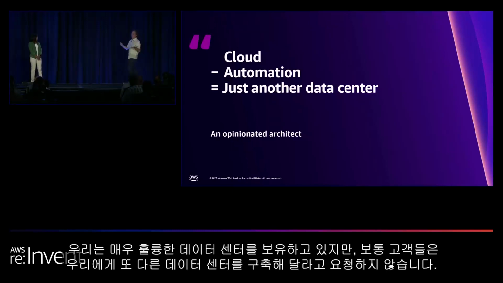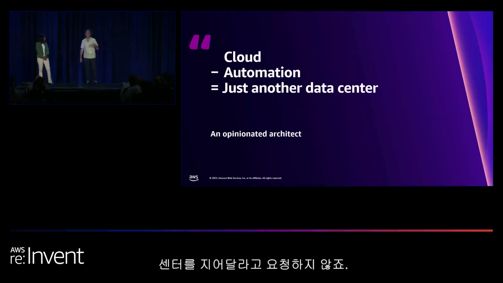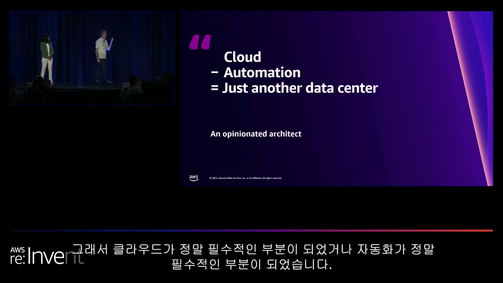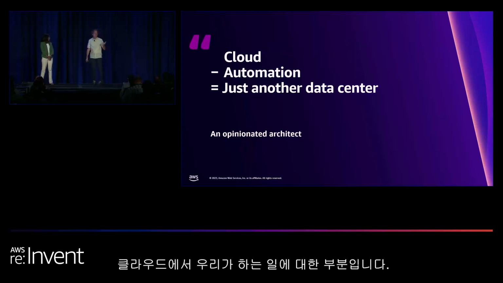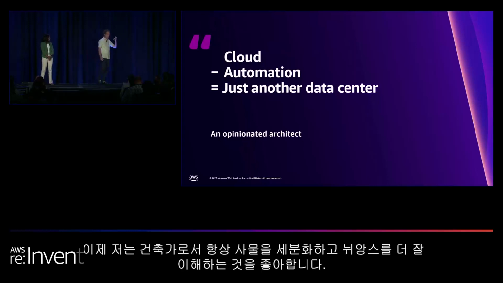And we have very nice data centers, but usually customers don't ask us to build another data center for them. So automation has become a really essential part of what we're doing in the cloud.